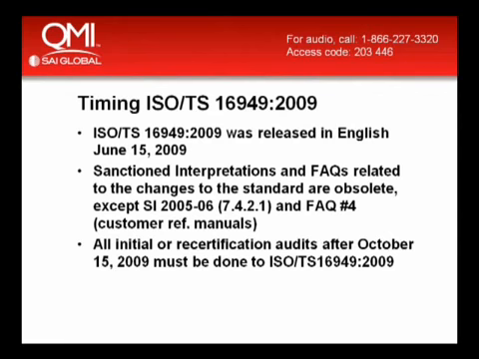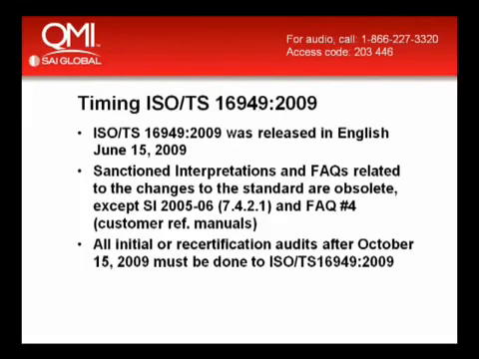The timing of the standard, as I mentioned before: the TS 2009 standard was released on June 15th, 2009. Sanctioned interpretations: in fact, the TS standard includes the same references as the ISO standard does. They include sanctioned interpretations and frequently asked questions of the standard.